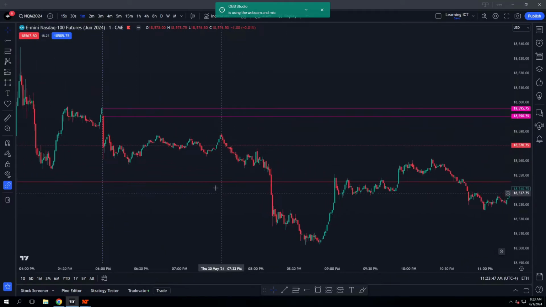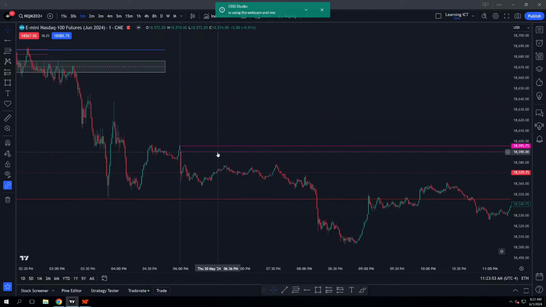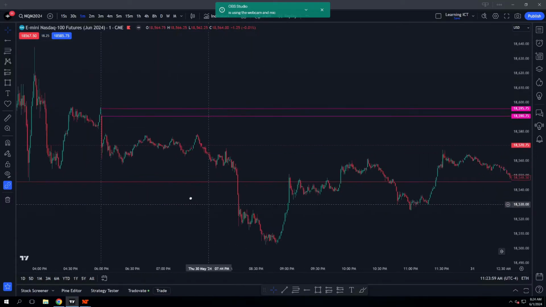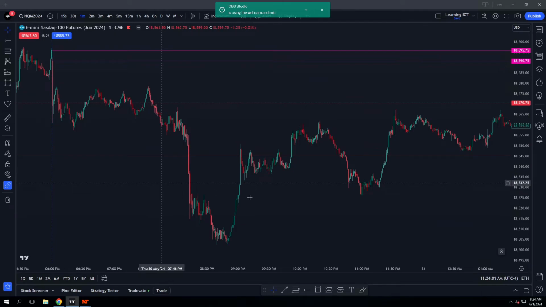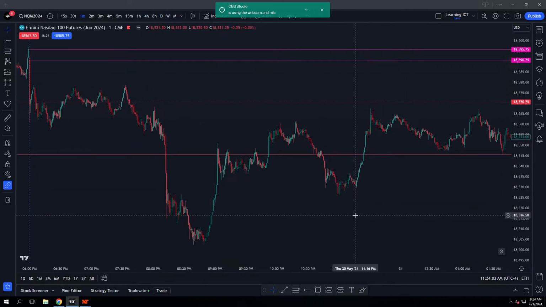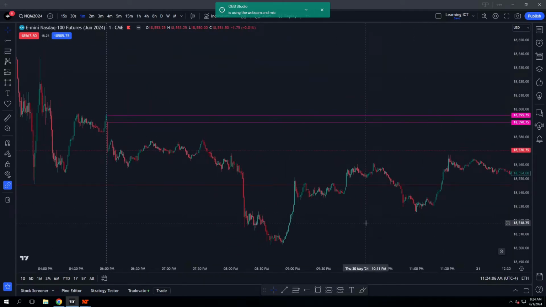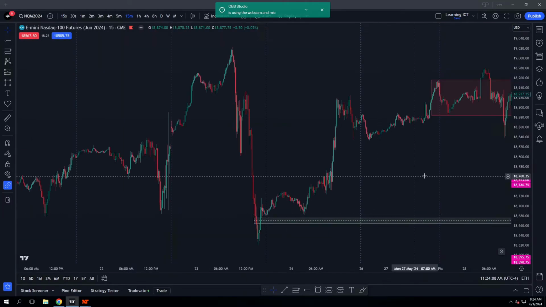So it was kind of similar scenario to the previous day where the price just kept going down, right? And broke the buy side liquidity that we marked. And let's mark the 15-minute midnight open first.